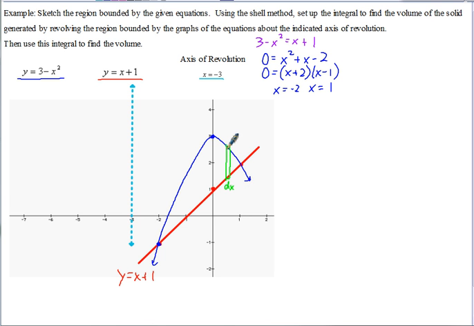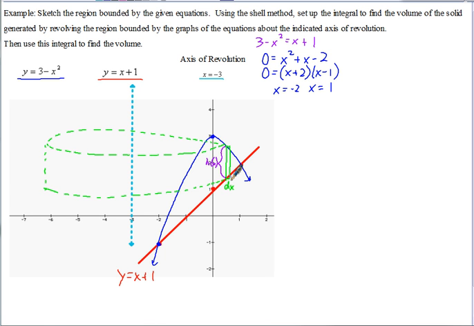And we draw a representative cylinder. This time it's not going to run up around the y-axis. It's revolving around the line x = -3. So try your best to center it around there, just so you can see the height and radius a little better. And so you see our height, h of x, would just be the length of the rectangle again, from there to there.